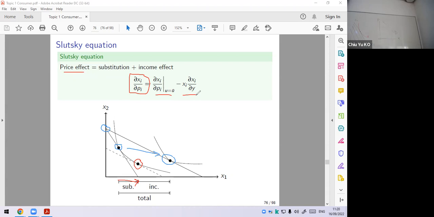So the demand function must be downward sloping, right? Because it's going down this way, okay? As long as you have monotone preference, the indifference curve must be like this way.